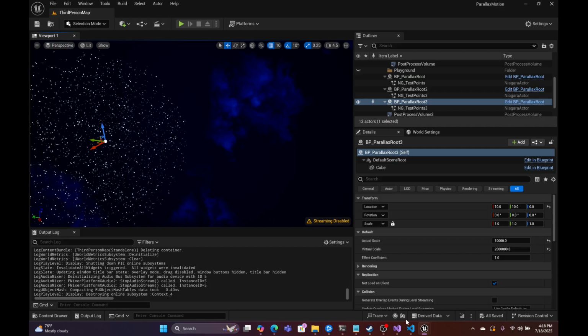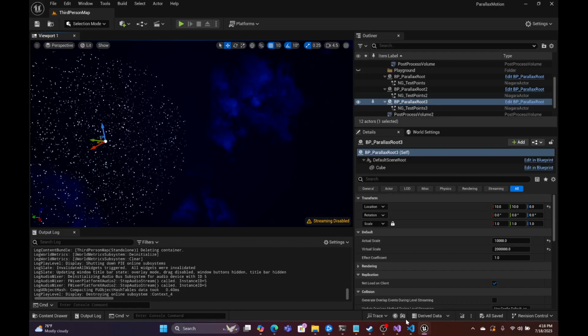We wanted to occupy 100,000 kilometers, so we make the scale of the actual particle system 100,000. But then in our actual to virtual scale, we give it a 1 over 100,000 ratio.